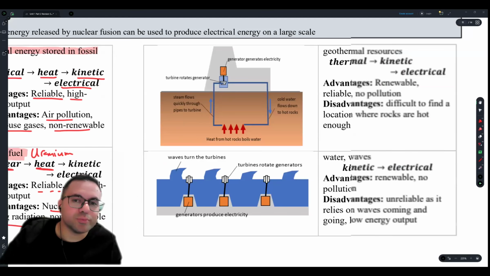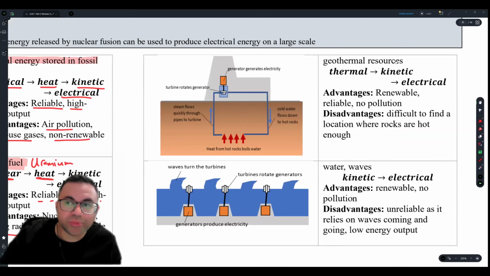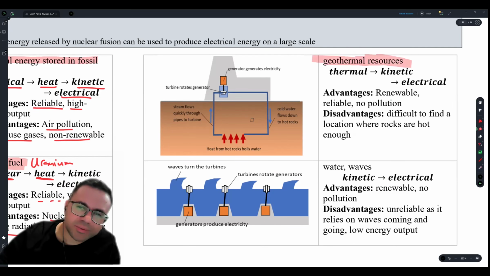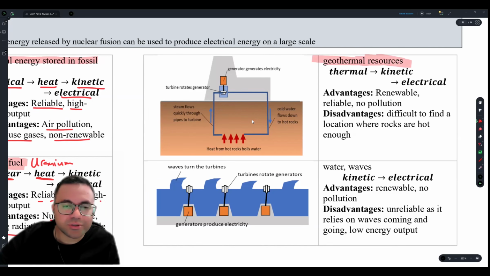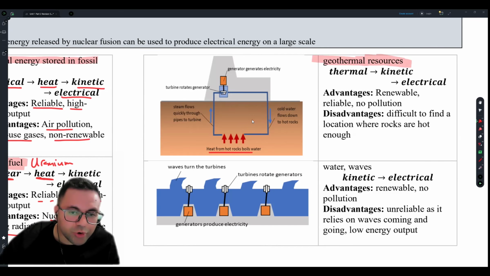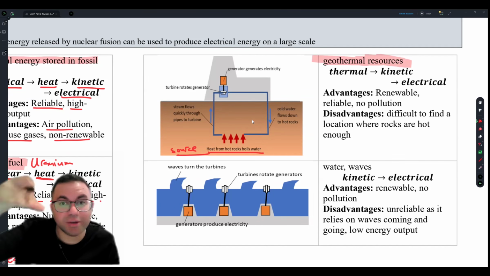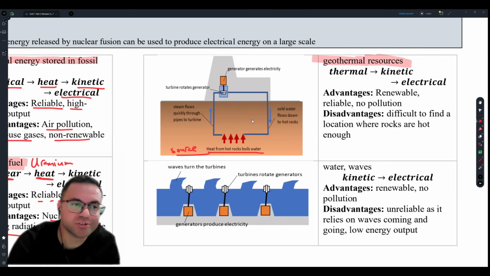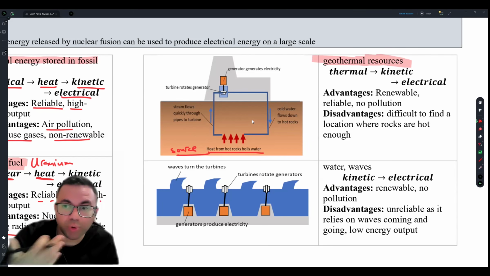Everything else is renewable. So let's start with one that is very similar to coal and fossil fuels and nuclear, geothermal. I should have probably highlighted these. Geothermal. We use the heat from rocks under the ground. That is your source of heat. Underground, if you dig deep enough, the rocks eventually get hot enough to boil water.